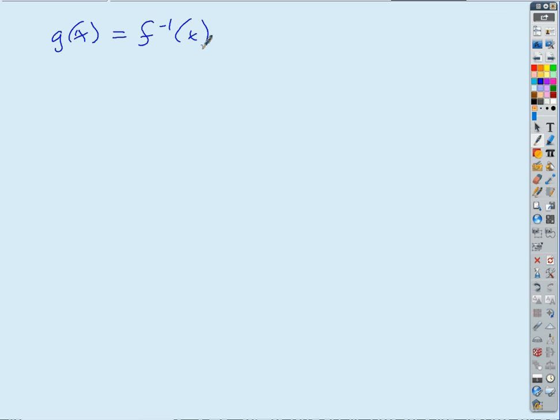If g is the inverse, then g prime of x in general is going to equal 1 over f prime of what? How do I say the other point that goes with x? g of x.